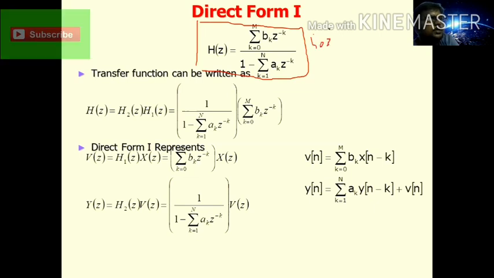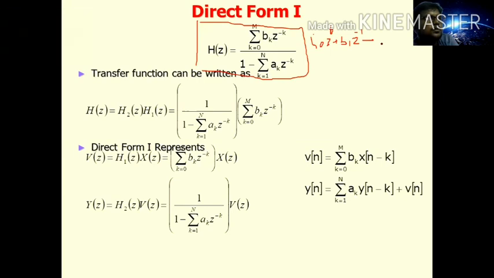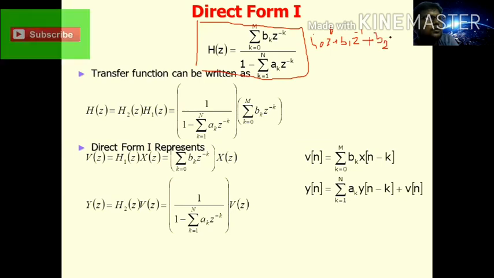Anything power 0 is 1. So b naught, plus, for k equal to 1, b1 z power minus 1, next plus b2 z power minus 2, plus etcetera, up to bm z power minus m.